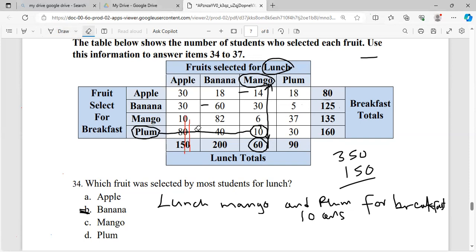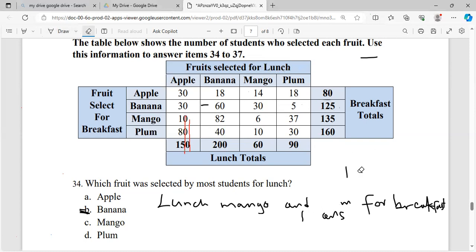Let us say you wanted to find out how many persons for breakfast first. How many persons got banana for breakfast and mango for lunch? Where would you go first? You would go breakfast first, right?